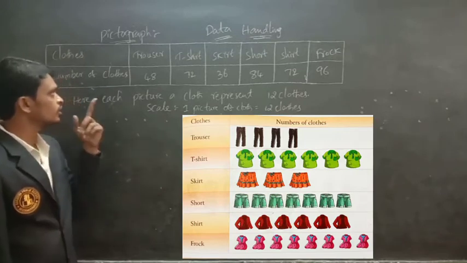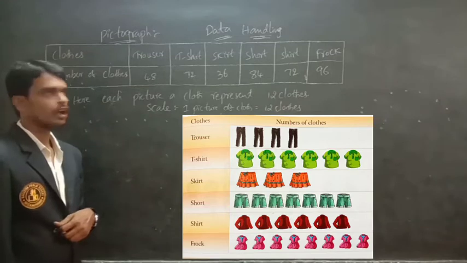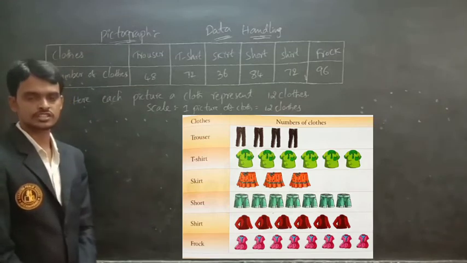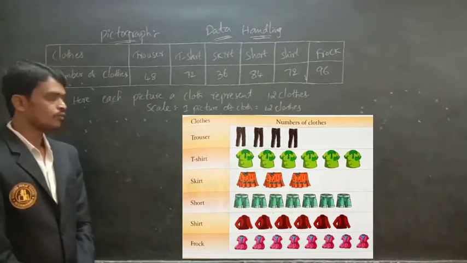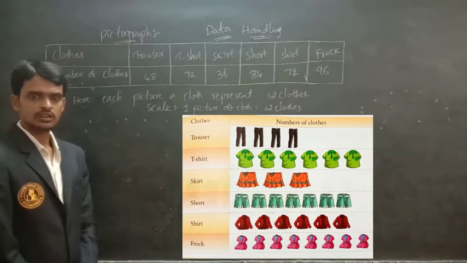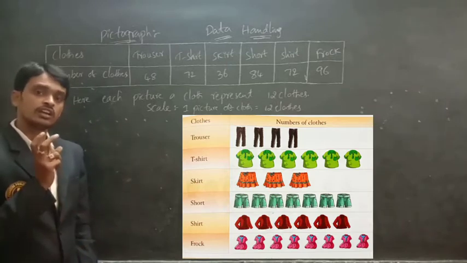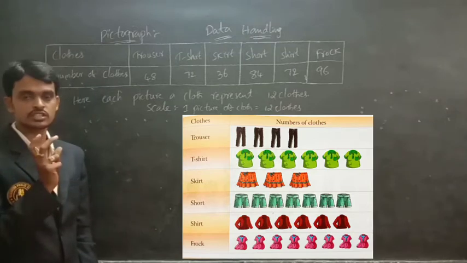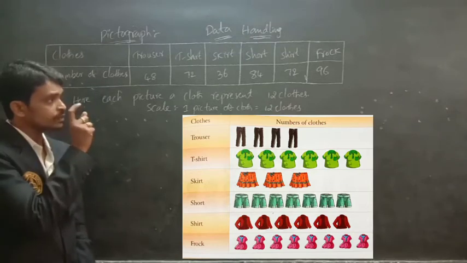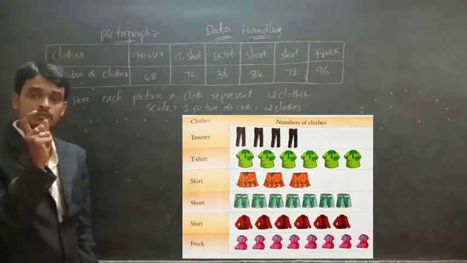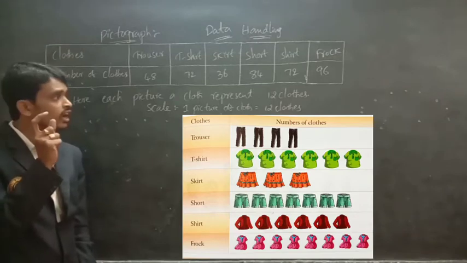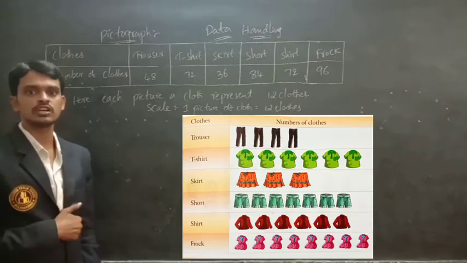First, trousers. How many trousers are there? 48. So we are representing the 48 trousers with pictures of trousers, but each picture of a trouser is equal to 12 trousers.